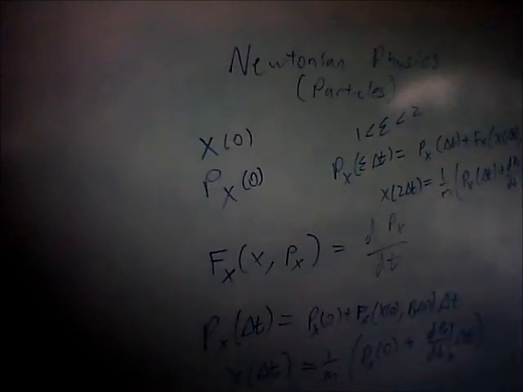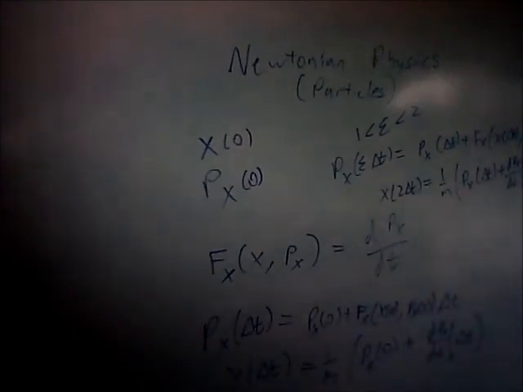It's epsilon minus 1 times delta t. That's what you're multiplying by. That's just the variable there.